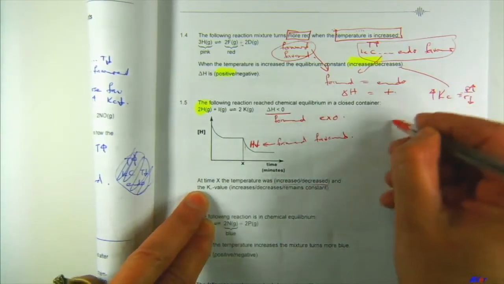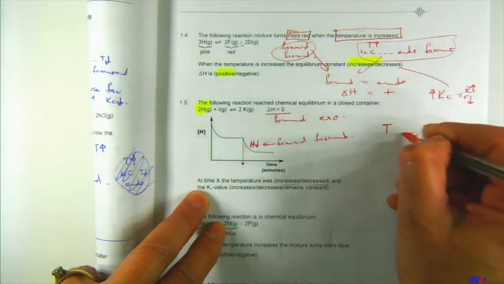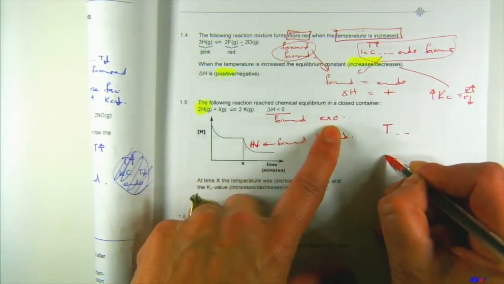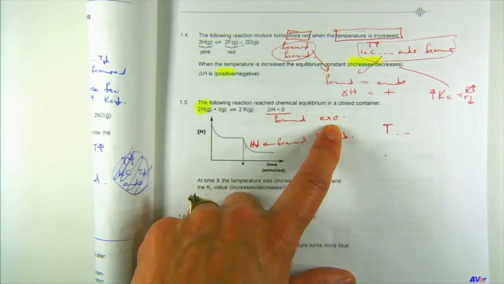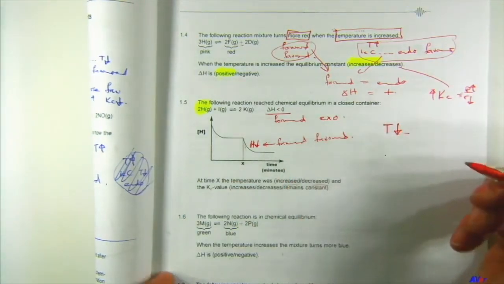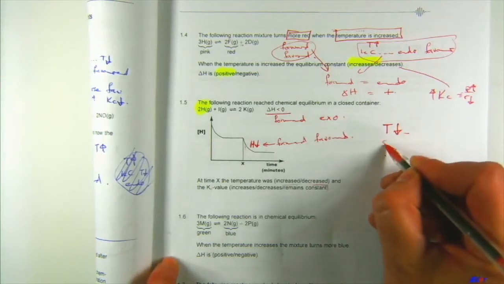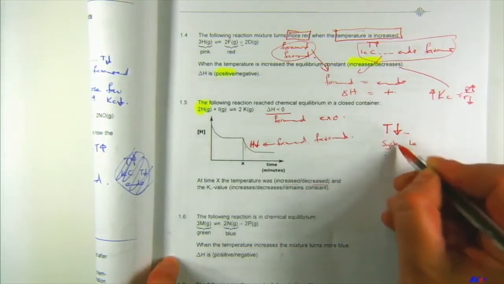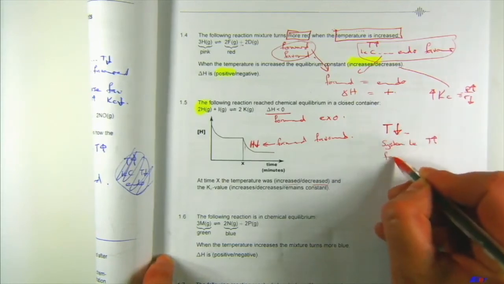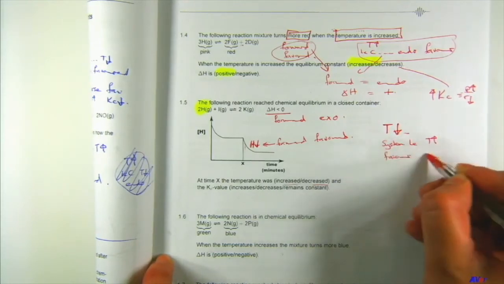So what do you have to do to temperature in order to favor the exothermic? Exo produces energy, right. So you must decrease the temperature, which will make the system, according to Le Chatelier, try to increase the temperature by favoring the exothermic one.